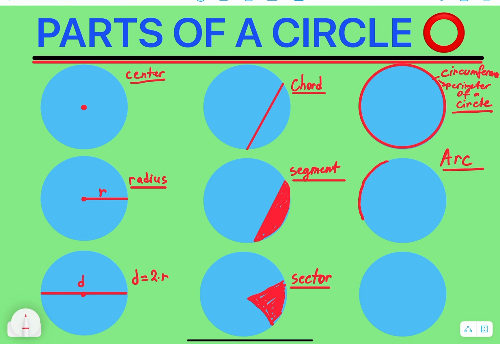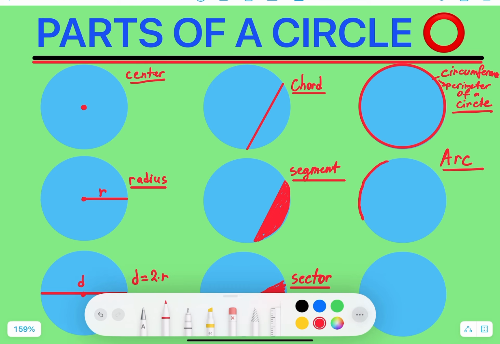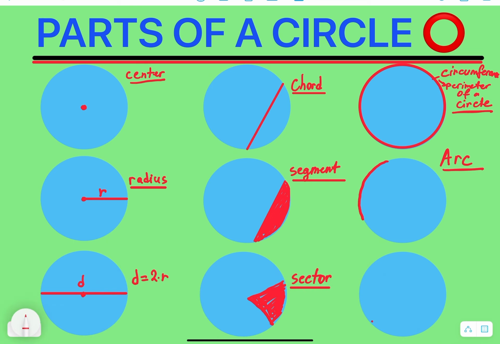And the last one, I will show you about last one, we're going to use them in trigonometry. Imagine we have here line that passes through the circle and it touches the circle in 2 points.